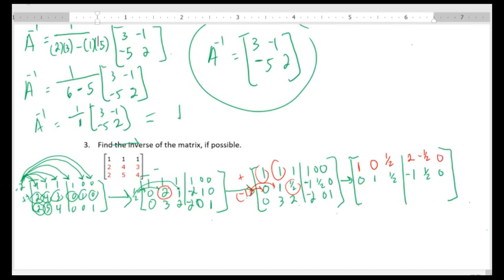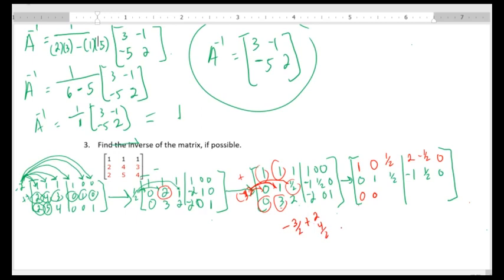And then I want to get rid of this 3. So I'm going to multiply by -3 times 0 is 0, plus 0 is 0. -3 times 1 is -3, plus 3 is 0. -3 times a half is -3 halves, plus 2.